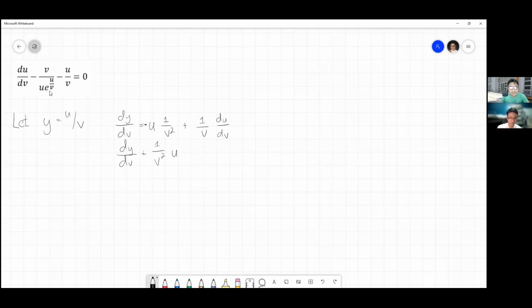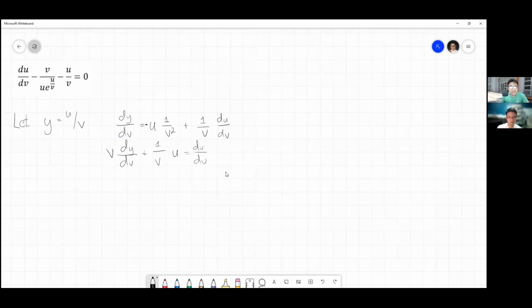Baliktarin ko lang para alam ko na yung u, ito kasi yung dependent variable. And then, that is equal to 1 over v du over dv. Tapos, gagawin natin is multiply natin with v. And then, tong v squared ay magiging v na lang. Ayan. Du over dv is equal to this whole thing.